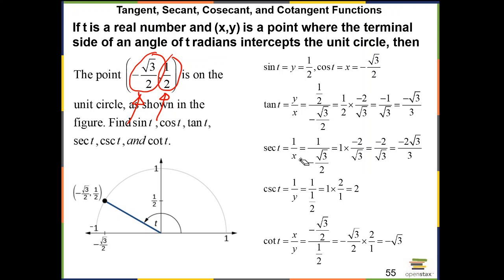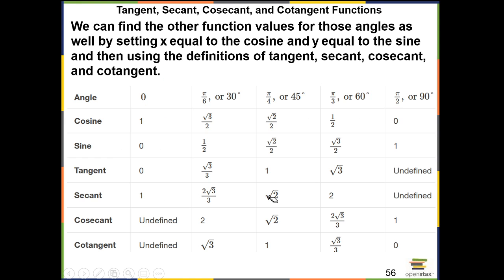Secant is 1 over x. 1 over a fraction is the reciprocal of the fraction, and if you take the reciprocal and rationalize it, we get that. Cosecant is 1 over y, and 1 over 1/2 is 2. Cotangent is x over y, so we just do the calculations and we get negative square root of 3.